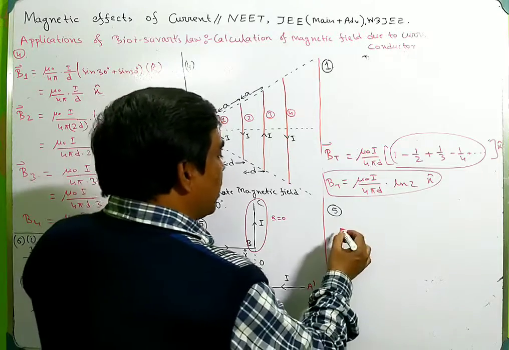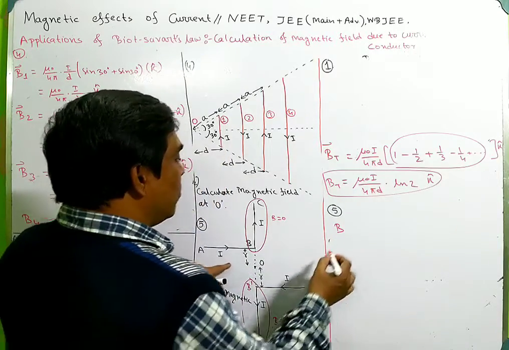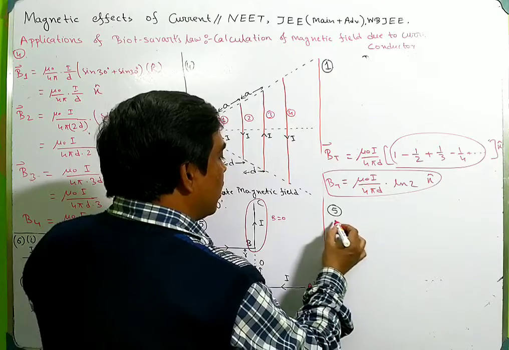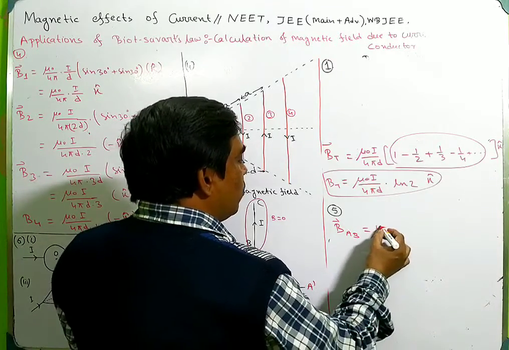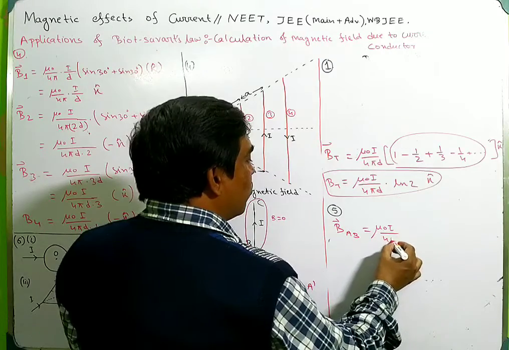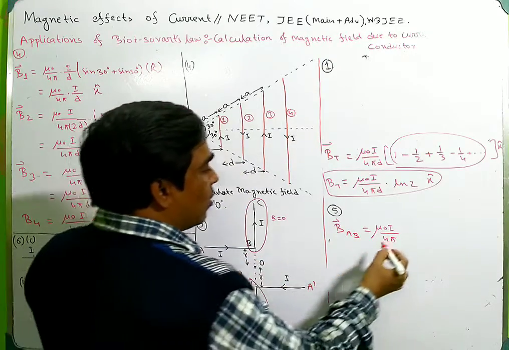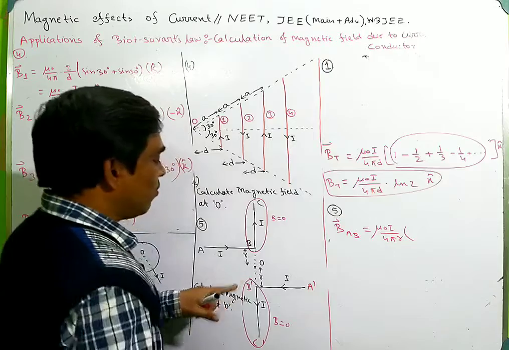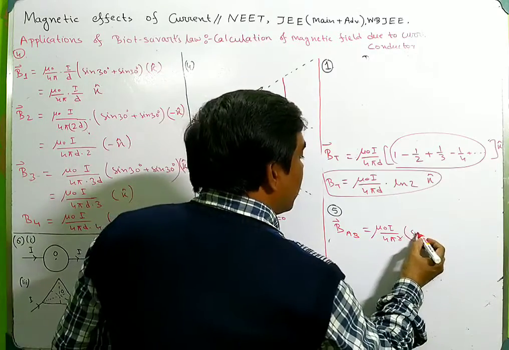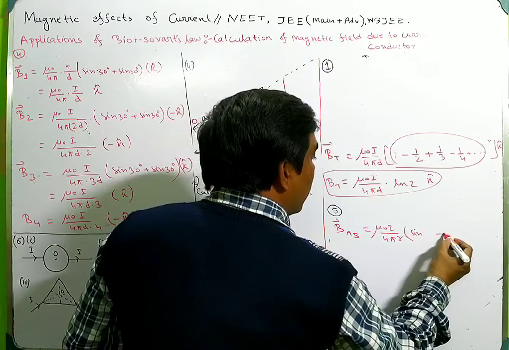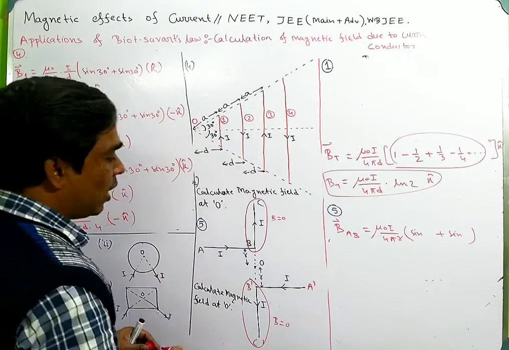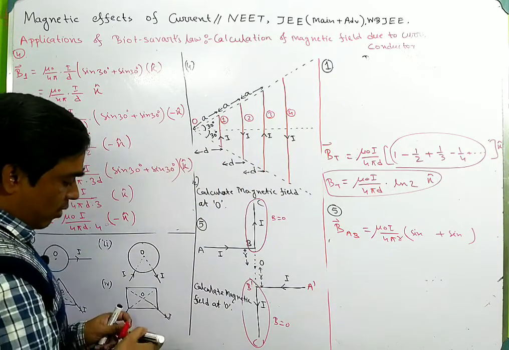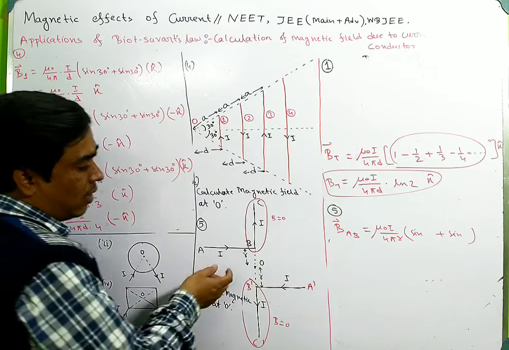So the magnetic field due to AB will be mu 0 I by 4 pi r, where this is distance r, into sine of one angle and sine of another angle. One angle is 0 and another angle is 90 degrees.